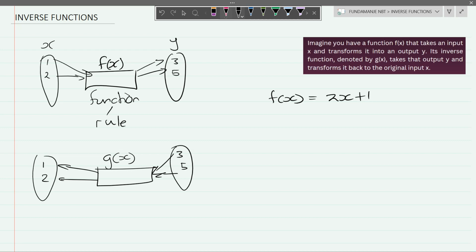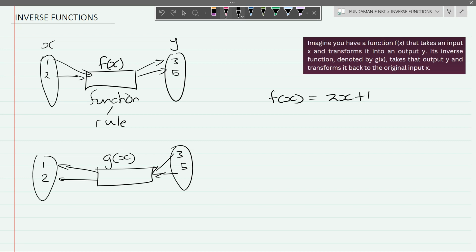If you have a many-to-one type of function, that function will not be able to retain its functional property, meaning that we will have to introduce some kind of restrictions, but we're going to talk about that just now.